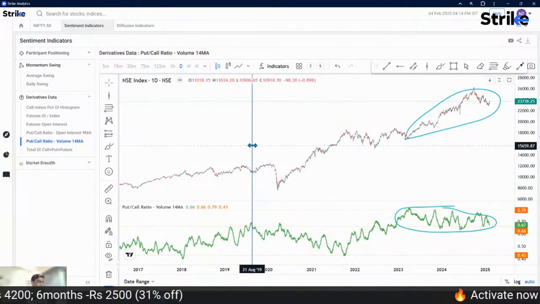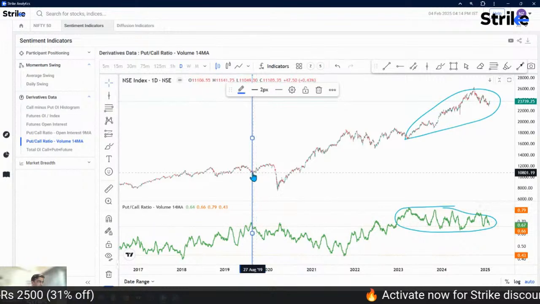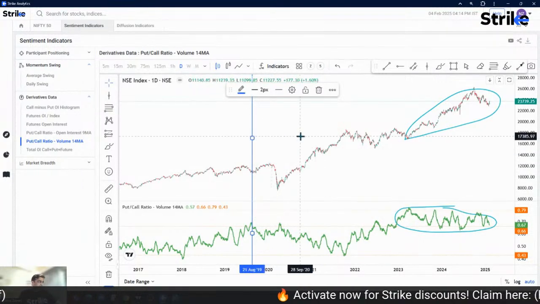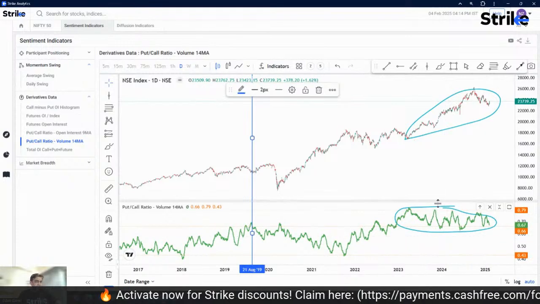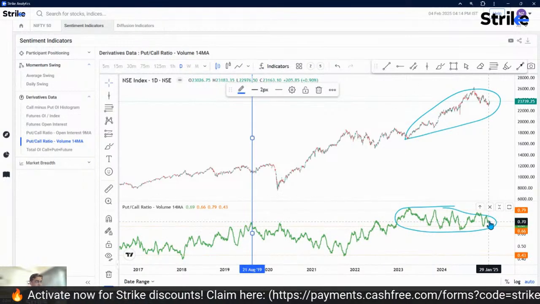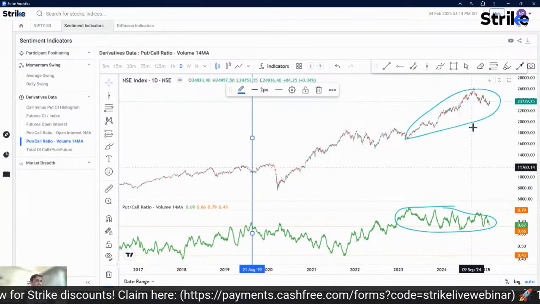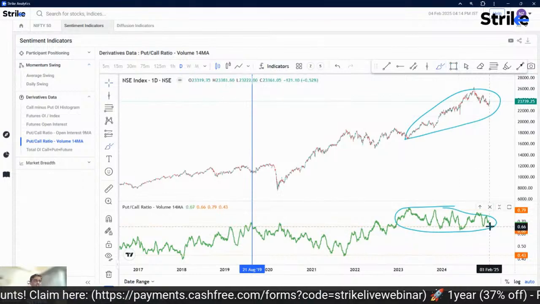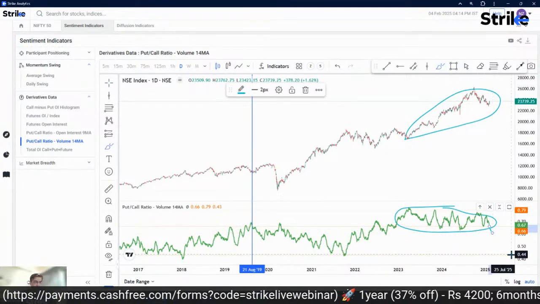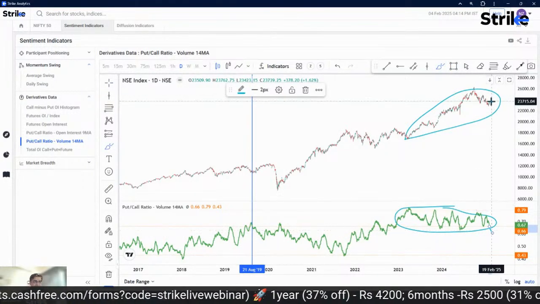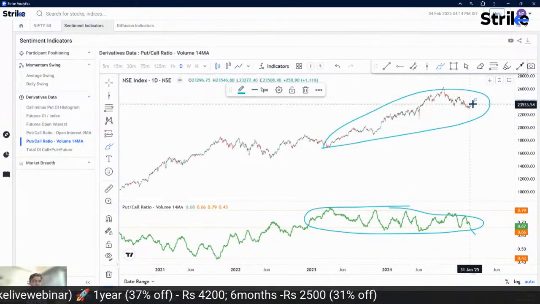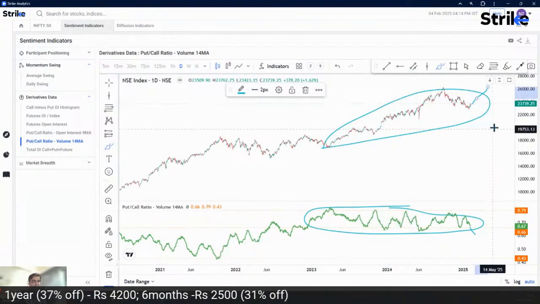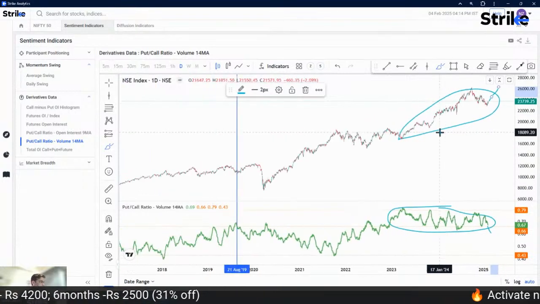Similarly, since long this has been in an overbought condition. So if this indicator now starts coming down, and the market starts going up like this, it could be a confirmation that there could still be a further uptrend.